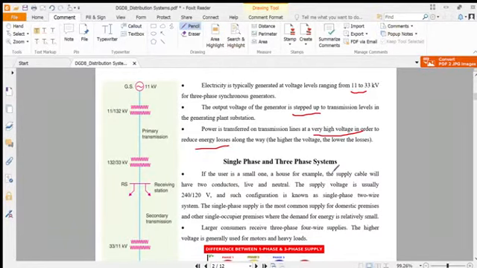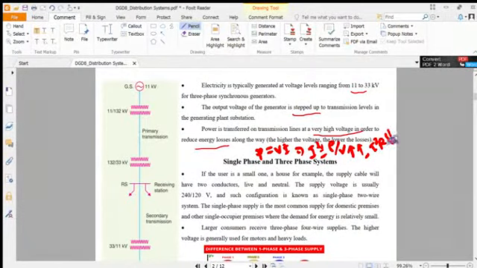We know P equals VI, then I equals P divided by V. If V is much higher, then I is lower, and then the transmission line loss I squared R is lower. So it's the benefit of high voltage transmission line: as the voltage is higher, the loss is much lower.